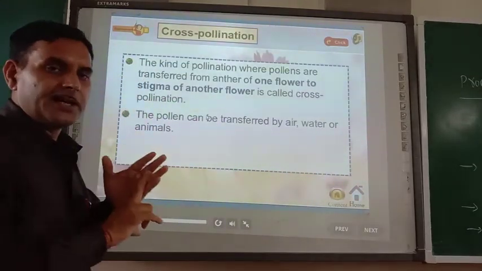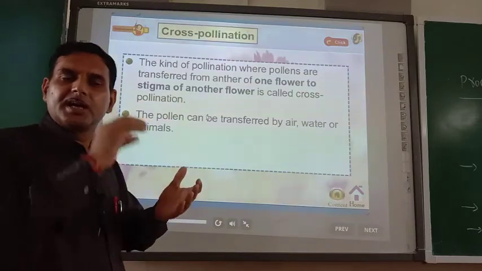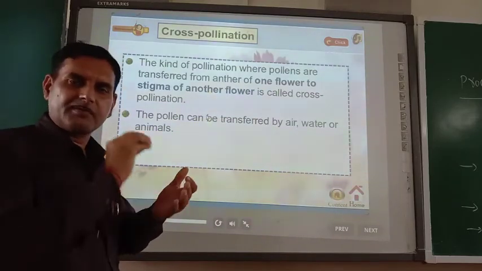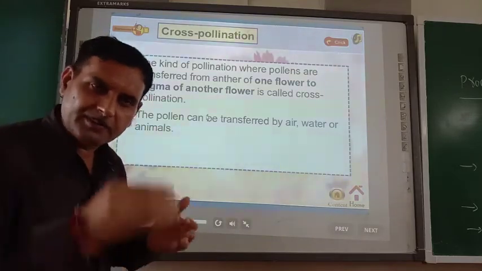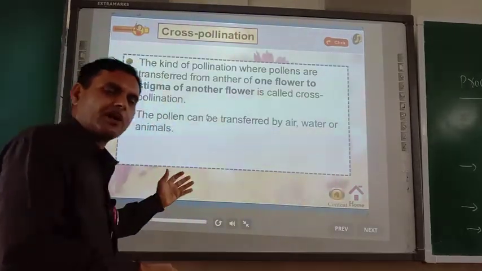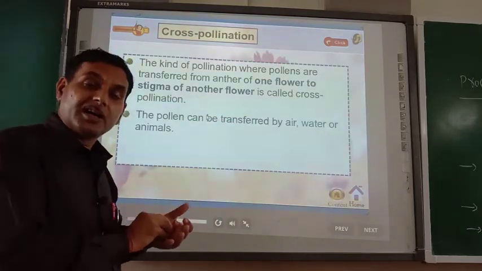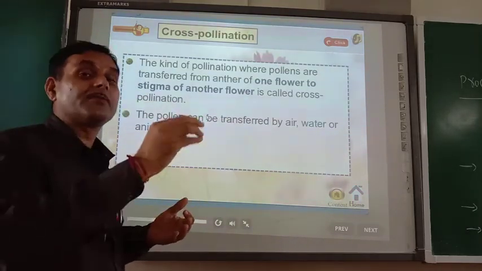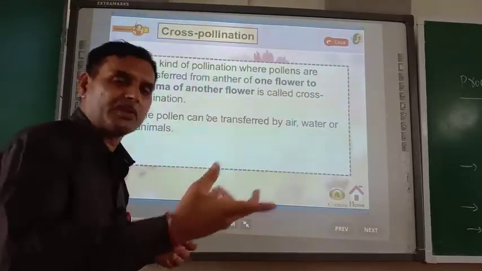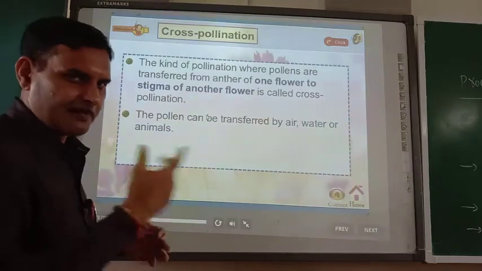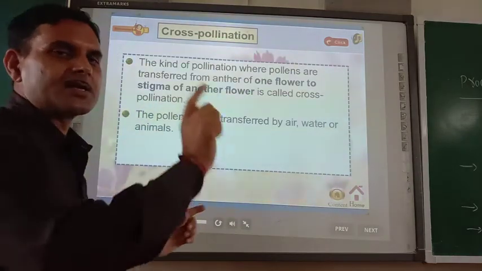Remember, in self-pollination, pollens are transferring from anther to stigma of the same flower. In cross-pollination, pollens are transferring from anther to stigma of another flower of the same kind. Same kind means the species of plants should be the same.